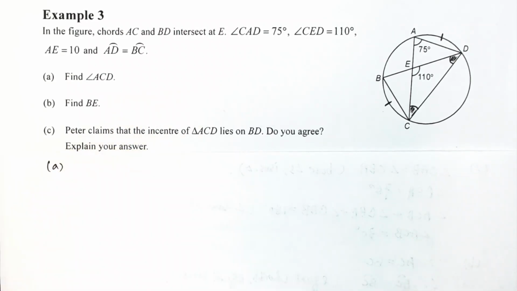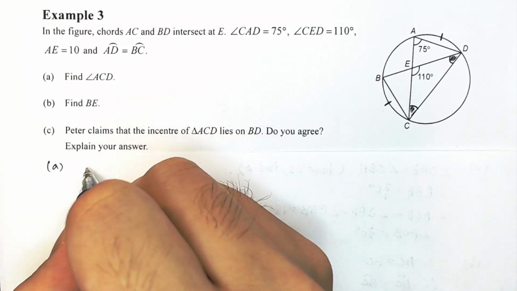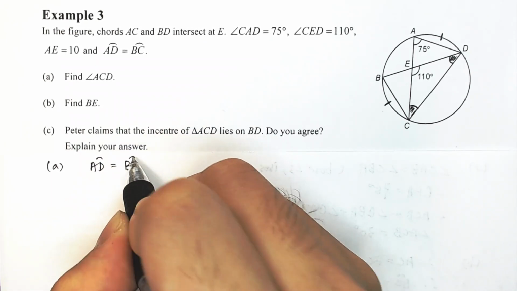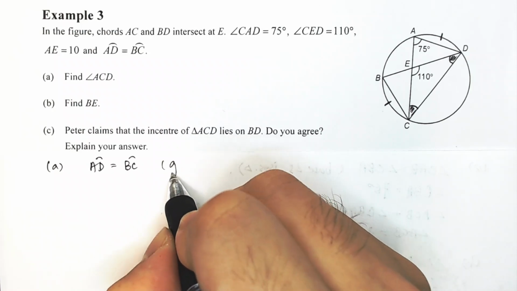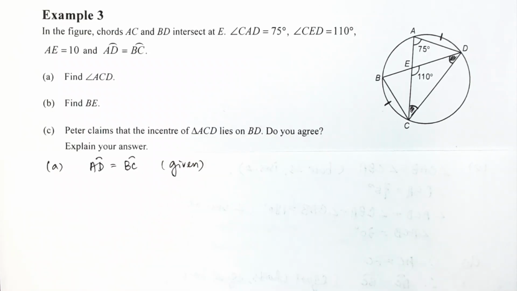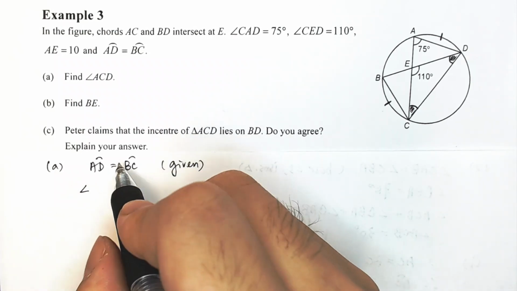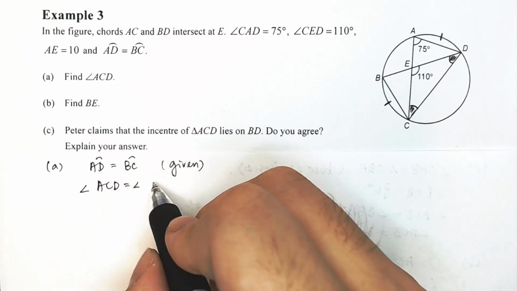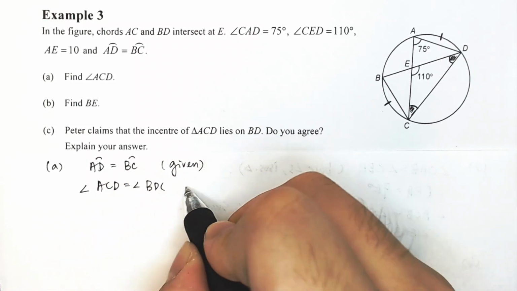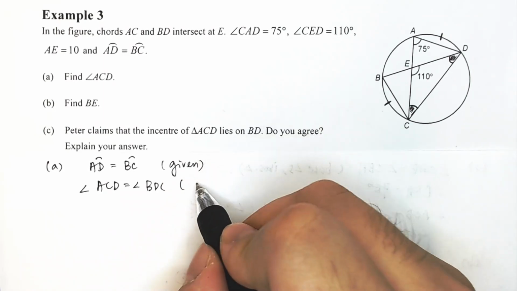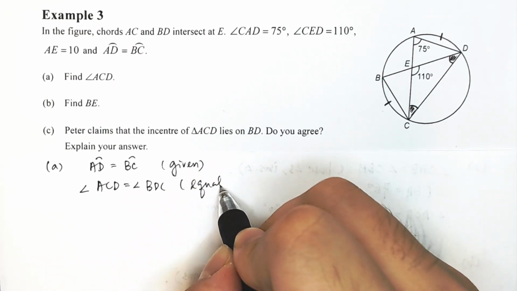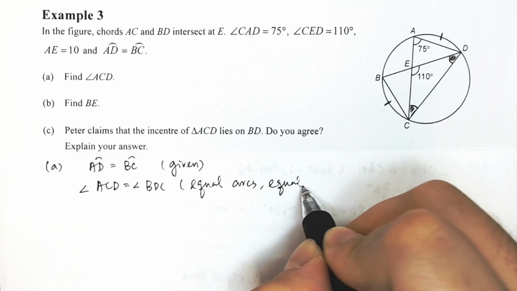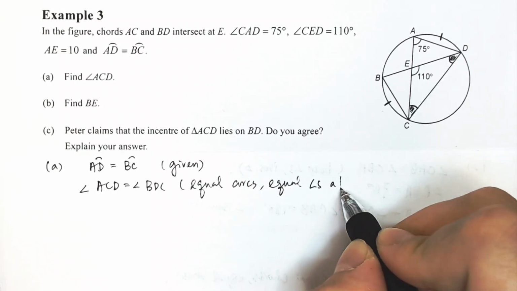Part A. AD equals BC, which is given. And so we have angle ACD is equal to angle BDC, equal arcs, equal angles at circumference.